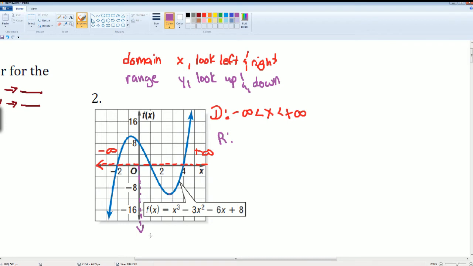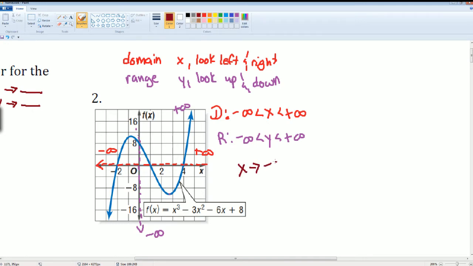It goes all the way to negative infinity. And what about here? It keeps going up, up, up, all the way to positive infinity. So the range here goes all the way from negative infinity for y all the way to positive infinity. The y doesn't stop here. It keeps going down. All right, let's do the end behavior now.